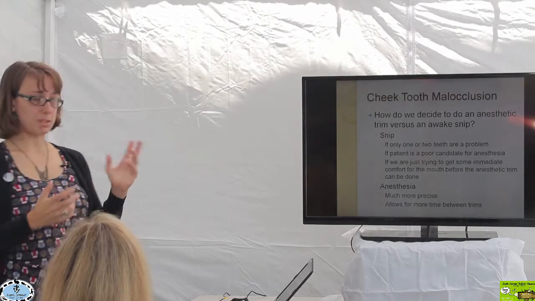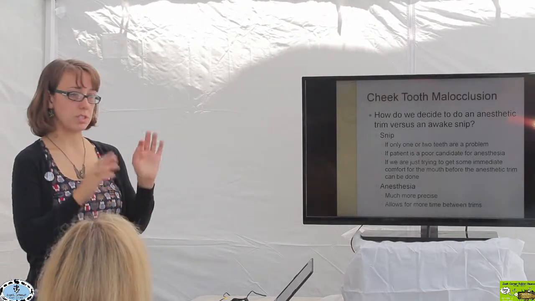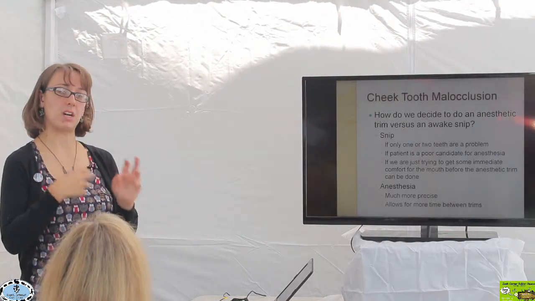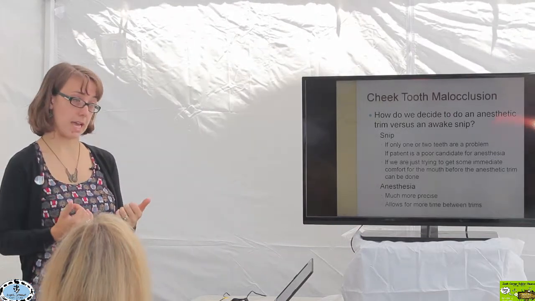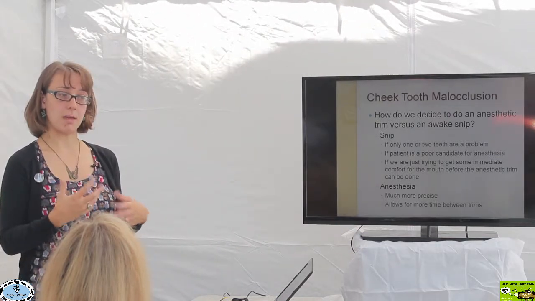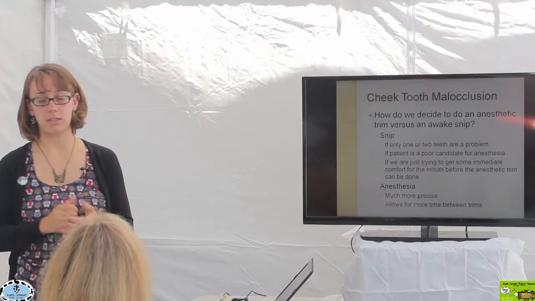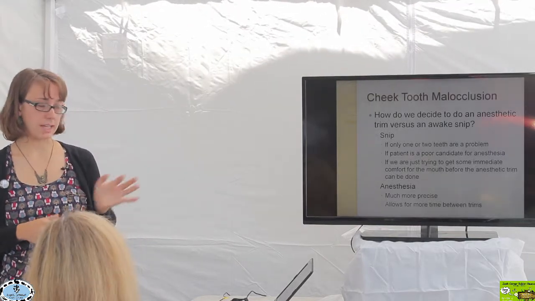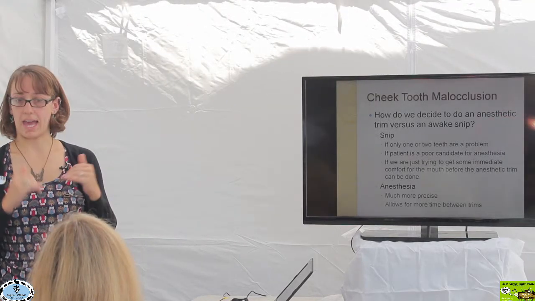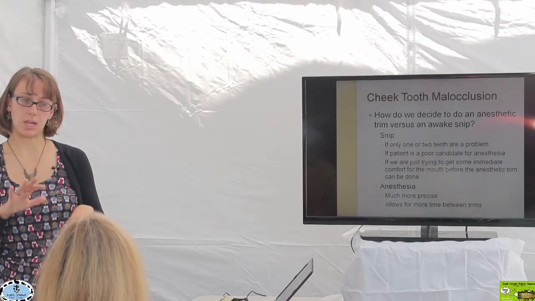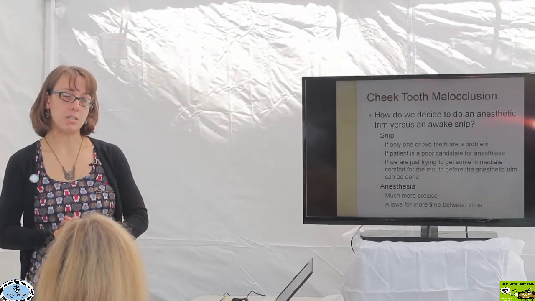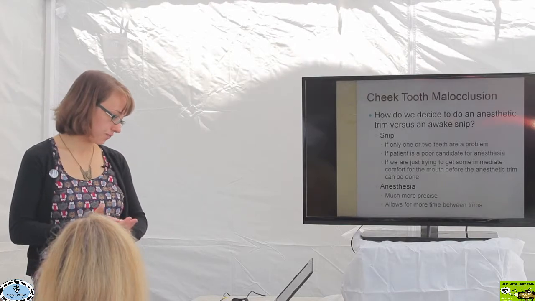So we don't want our rabbits to go through that either. So we will snip those teeth that are really big and pointy and causing a lot of pain in the mouth. We snip those down and then prepare them to go to the anesthetic dental within the next few days or so, and have them trimmed down very appropriately, shaped, and dealt with a little bit more accurately.